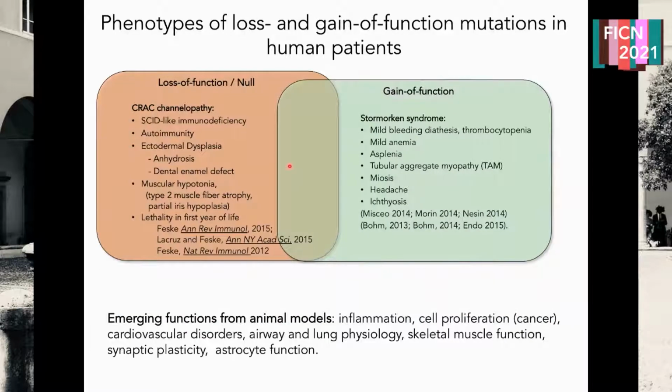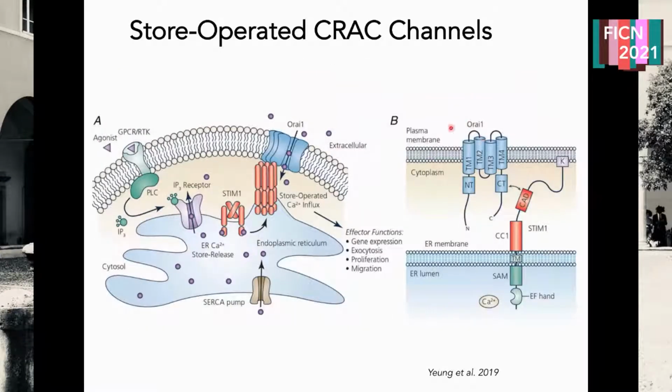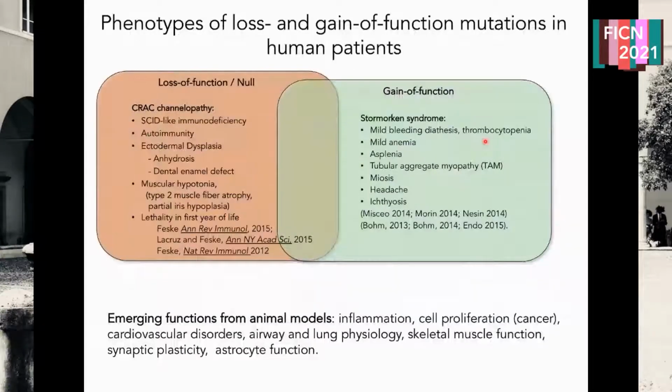So why are they important for human health? In fact, I should point out that Orai was discovered as part of a linkage analysis screen in a family of human patients that suffer from a severe immunodeficiency.